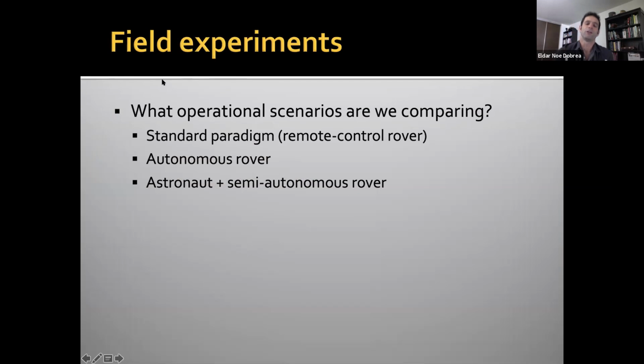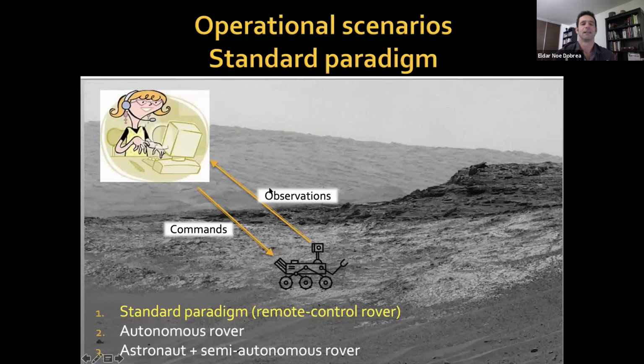All right, so what operational scenarios are we comparing? Let's go to next. This is what it looks like. In your standard paradigm, the operator sends commands to the rover. Rover, move forward 1 meter. Take a panorama. The operators study the panorama, and then they go back: rover, go to that rock there and take a picture of this part.